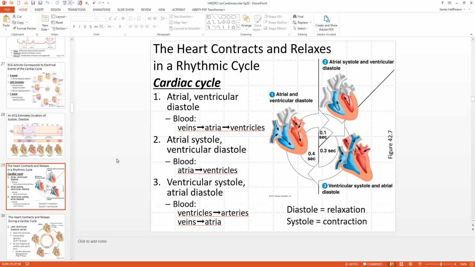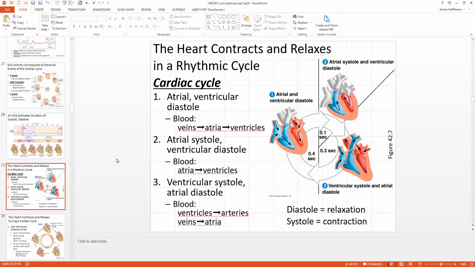If you think about the names, they're usually named correctly in terms of where the blood's going. It doesn't tell you everything about it, but it tells you something.